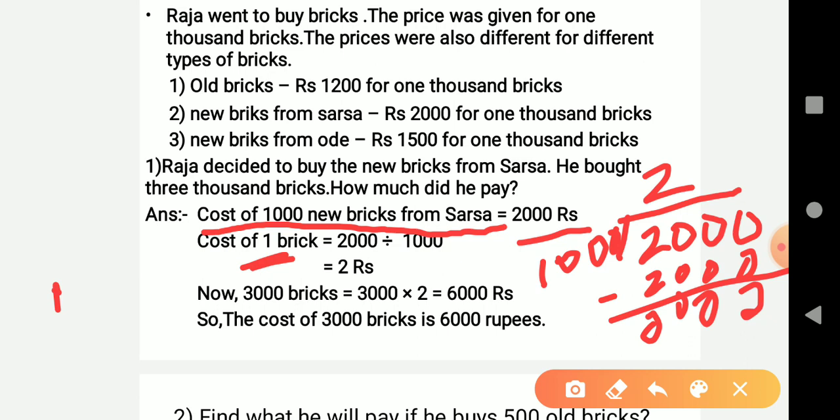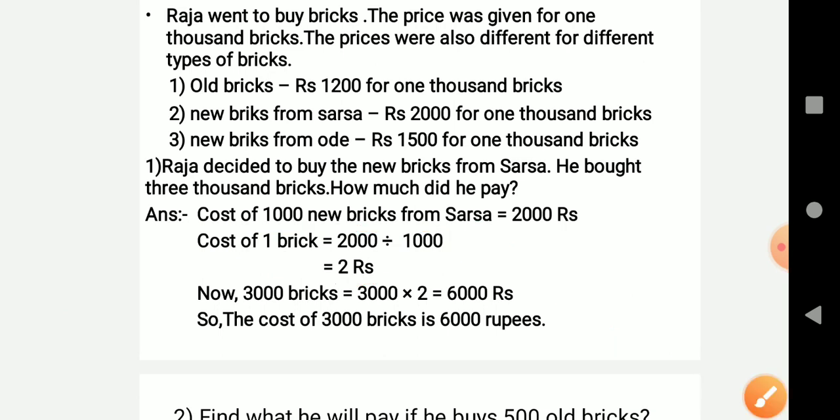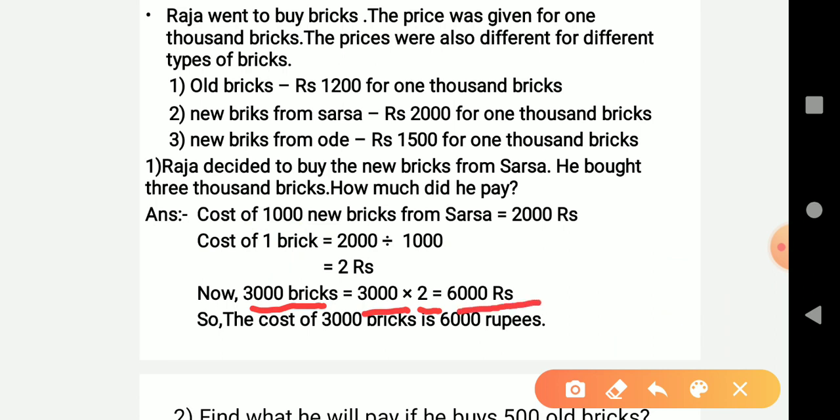So we get the answer 2. The cost of one brick is rupees 2. Now Raja wants to buy 3000 bricks. So we multiply 3000 bricks with 2 rupees. So we get the answer 6000 rupees. Understood? Because when we multiply 3 and 2, 3 2s are 6, then we put 3 zeros. So the cost of 3000 bricks is rupees 6000.